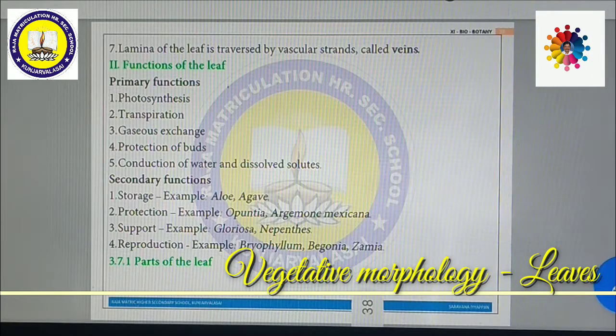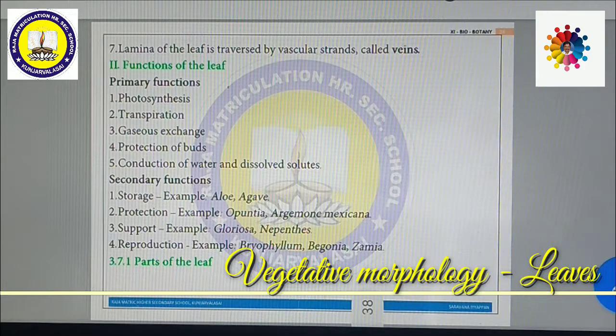As far as primary functions are concerned, they are photosynthesis, transpiration, gaseous exchange during photosynthesis and respiration, uptake and elimination of carbon dioxide and oxygen, protection of buds, conduction of water and dissolved solids. So these are the primary functions of leaves.